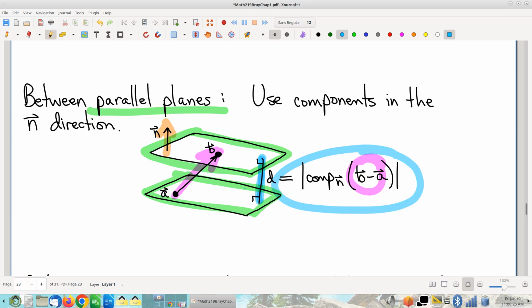And then asterisk, okay, technically components can be negative, but we were asked to compute a distance. Distances can't be negative. So you just have to recognize that the component gives you two things. It gives you the distance, but it also gives you some indication of whether you're going the wrong way or the right way, not that that matters. So you just have to throw in the absolute values. Do be careful about that little micro detail. If you compute a distance as being -4, that's not good. So don't forget to take the absolute value.